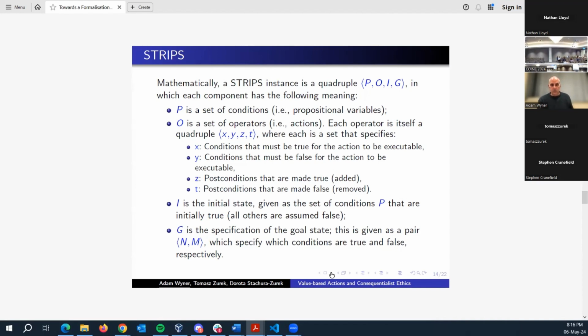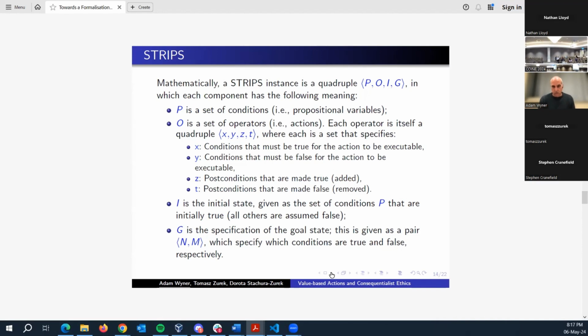We have Y, the conditions that must be false for the action to be executed. Z are the post-conditions that are to be made true, that are added to the post-condition state. T are the post-conditions that are made false, that are removed from the post-condition state in terms of the transition from the precondition state to the post-condition state.